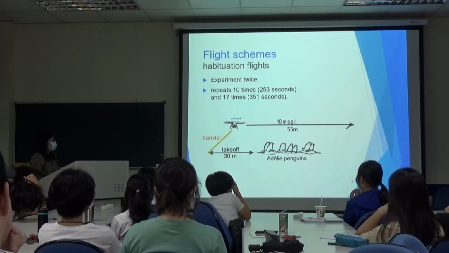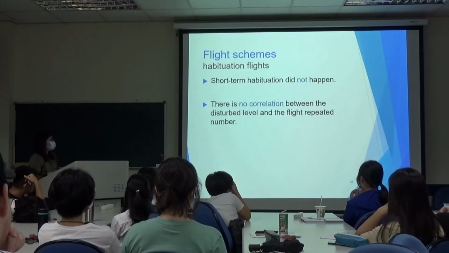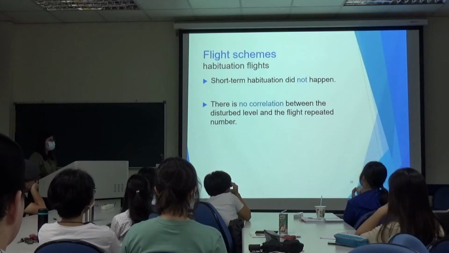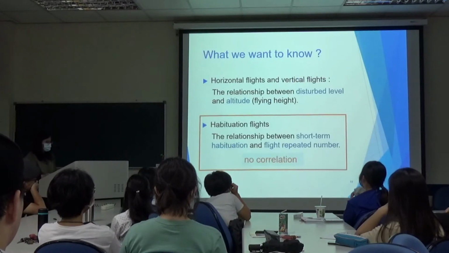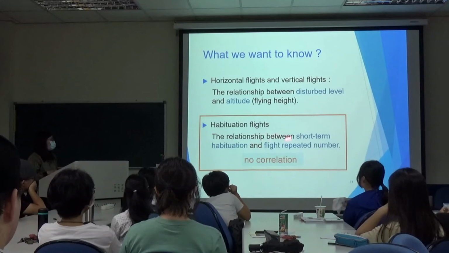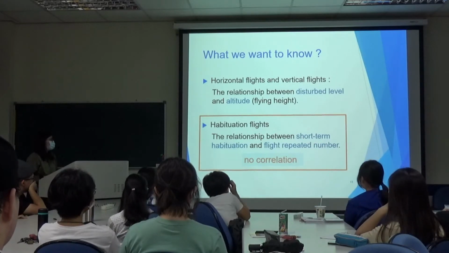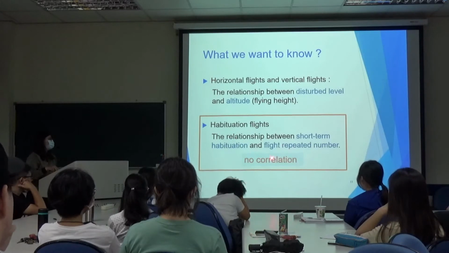From the experiment, we get a result that short-term habituation did not happen, and there is no correlation between the disturbance level and the flight repeat number. So the relationship between short-term habituation and flight repeat number is no correlation.